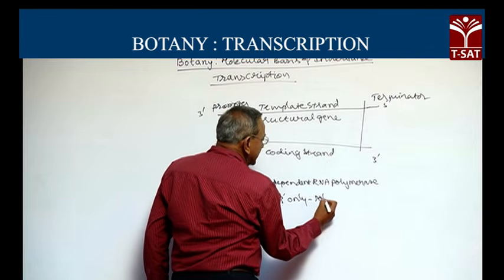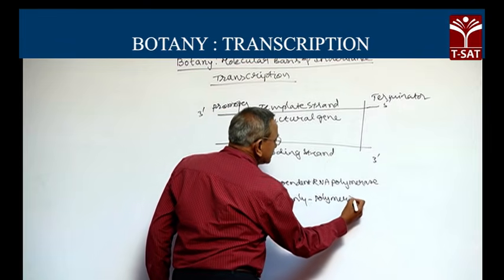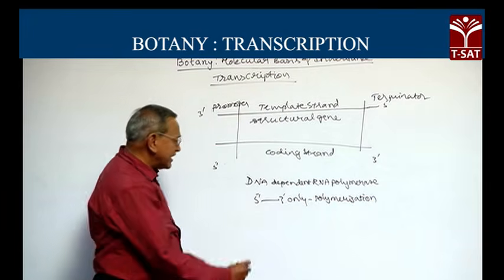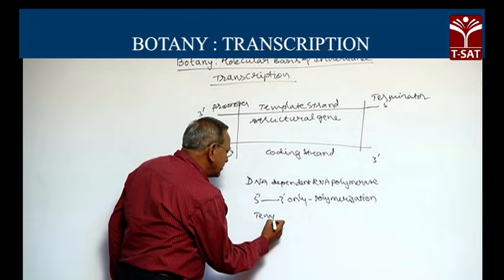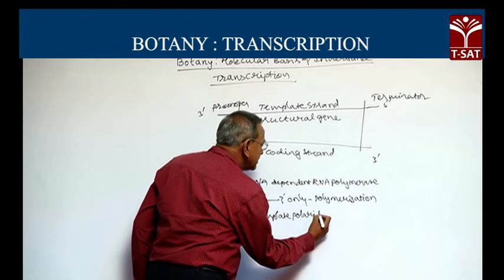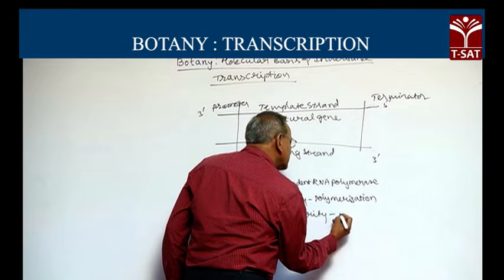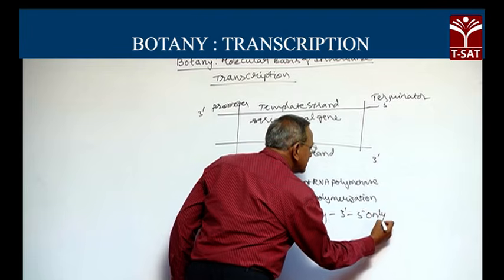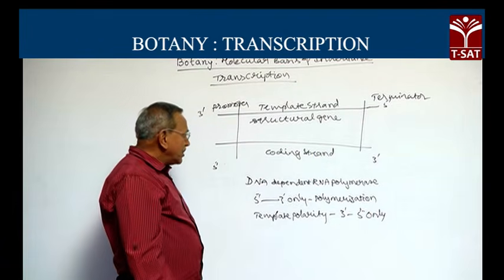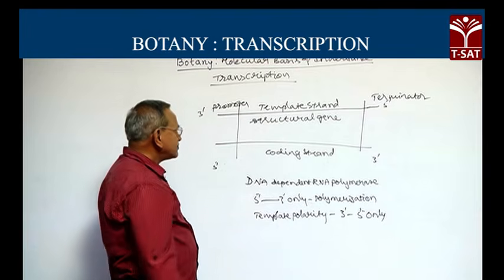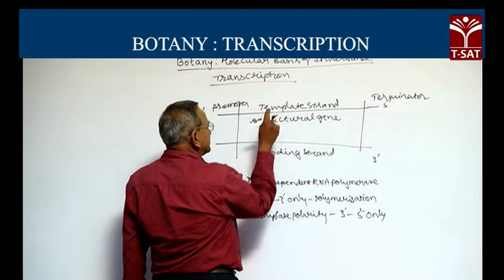So this is the direction of polymerization. Then what is the direction of the template? The template polarity must be 3' to 5' only. And this is the template strand.